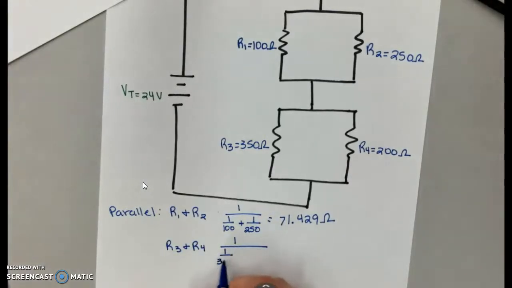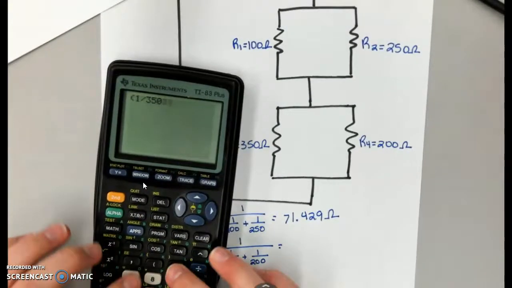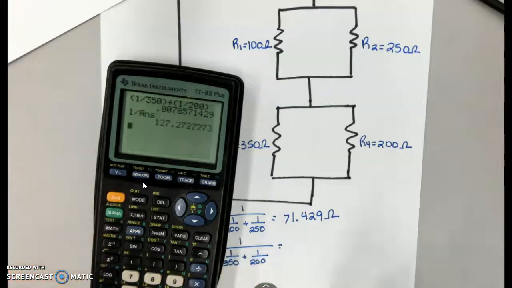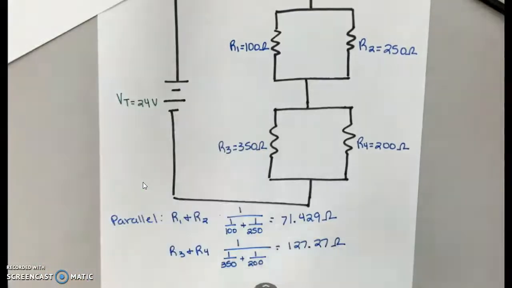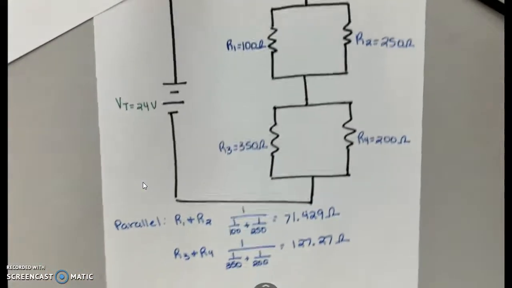Okay. And then we're going to do the same thing for resistors 3 and 4 with their values. And again, we get about 127.27 ohms. Okay, so that took care of the parallel portion of my circuit.